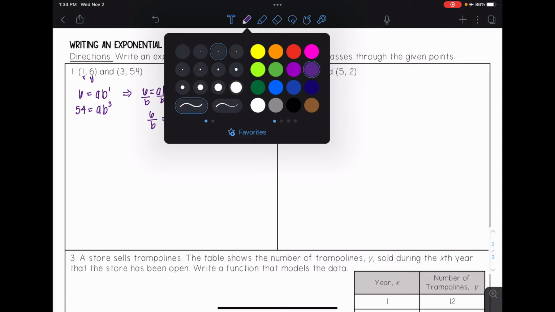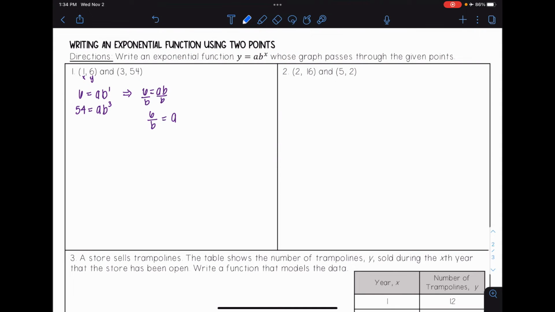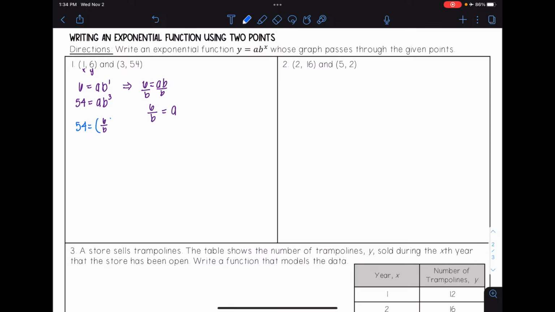Now I'm going to plug that into my second equation. So then I have 54 is equal to, instead of a, 6 over b times b cubed. All I did was substitute that in.